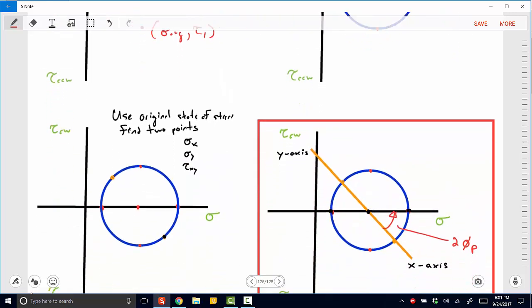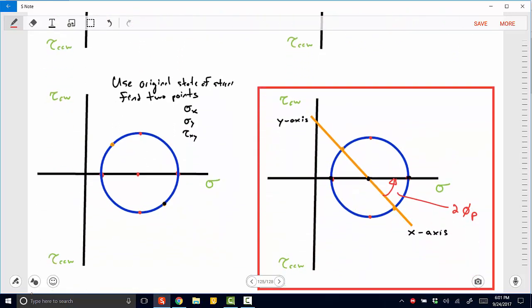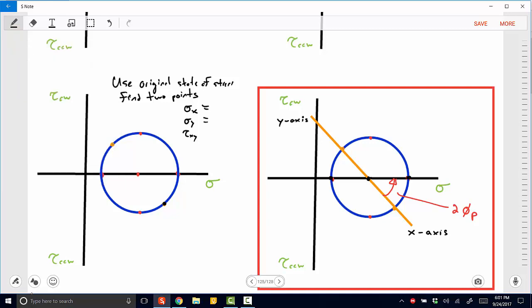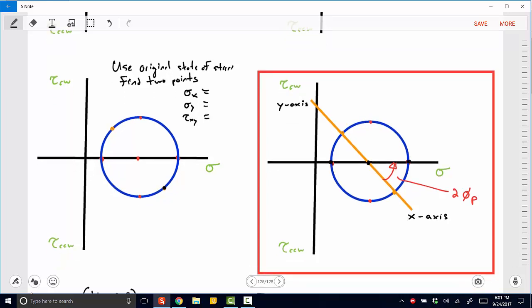Now our last step is to draw a line that indicates our original state of stress. So the state of stress that we start with, sigma x, sigma y, and tau xy, drawing a line that represents those. And remembering that a positive shear stress is going to be plotted below this line here. So if we have a positive tau xy, we're going to plot below, and then we need to find the values of where sigma x and sigma y lie in this diagram.